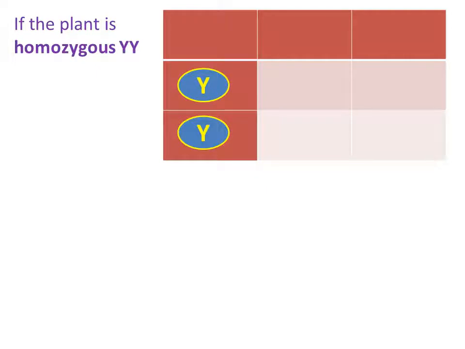So let us put the gametes of the recessive plant. Therefore, the progeny that are formed from this combination could be capital Y small y, capital Y small y, capital Y small y, and again capital Y small y.